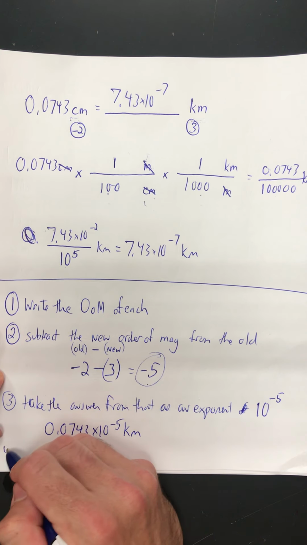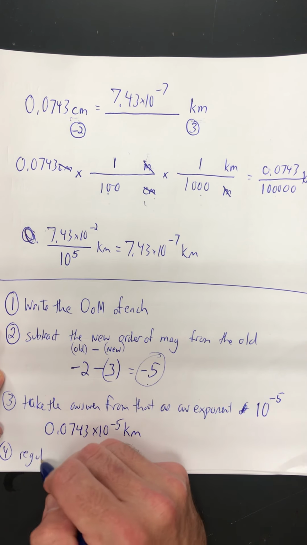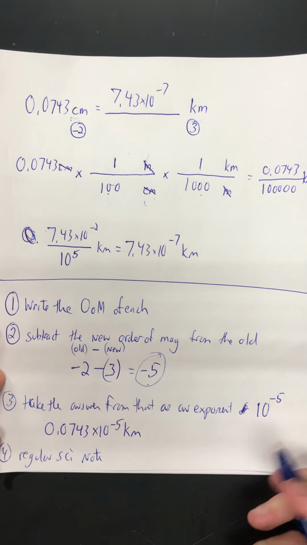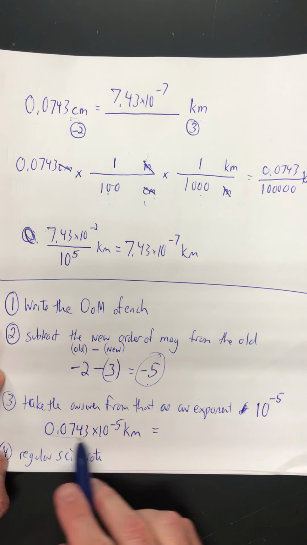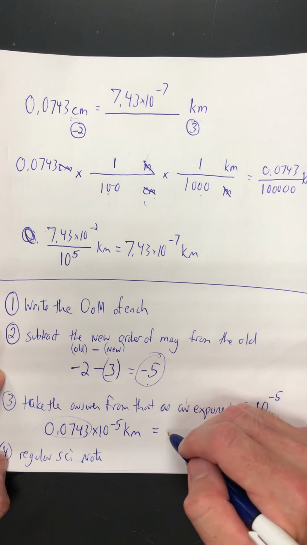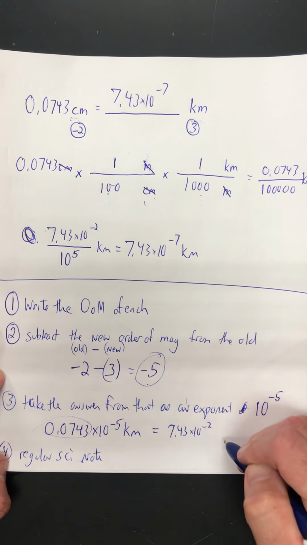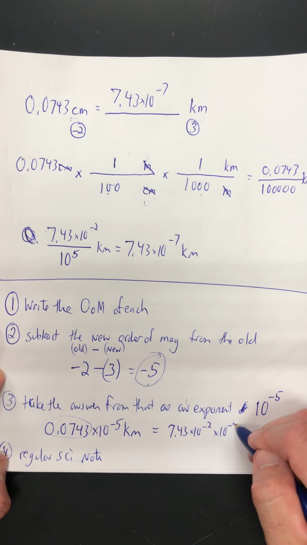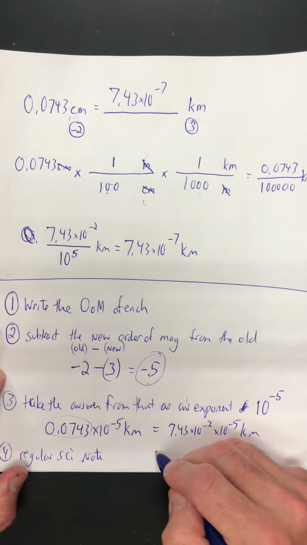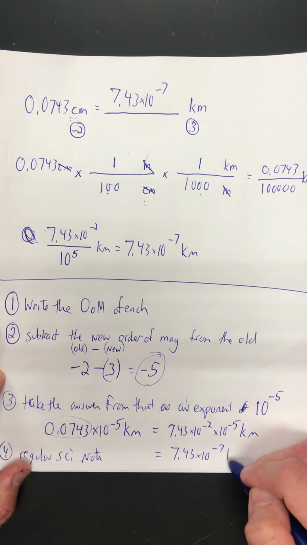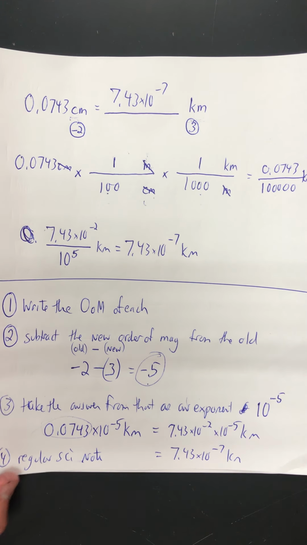So now all I need to do is put this in regular scientific notation. Okay, and so the easiest way to do that is just convert your original number here. 7.43 times 10 to the -2 times 10 to the -5 kilometers, and I'm left with 7.43 times 10 to the -7th kilometers. Got the same result in both ways.